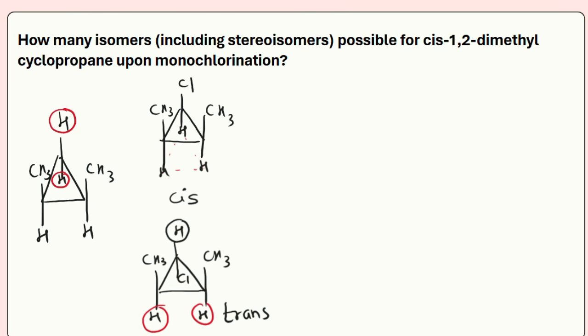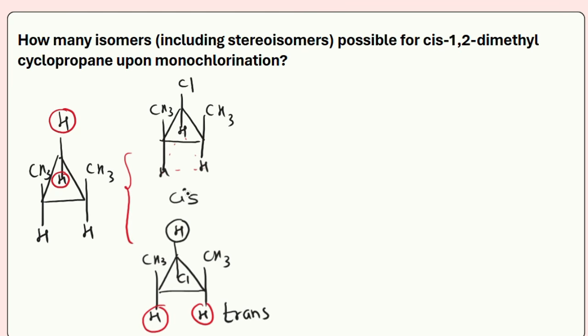And what is the relationship between these two molecules? They have the same molecular formula, they have the same bond connectivity, but the spatial arrangement of the atoms is different. That means they are geometrical isomers. They are cis and trans molecules. Are they mirror images? No, they are non-mirror images.